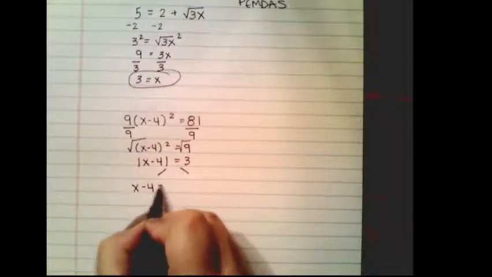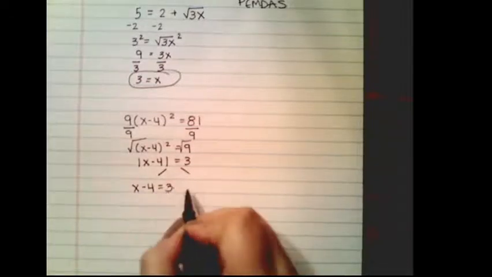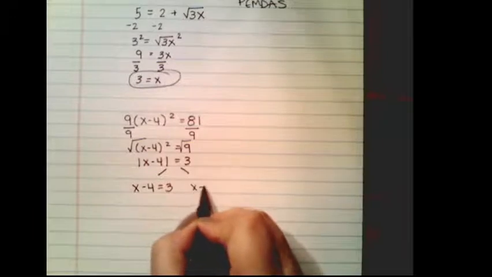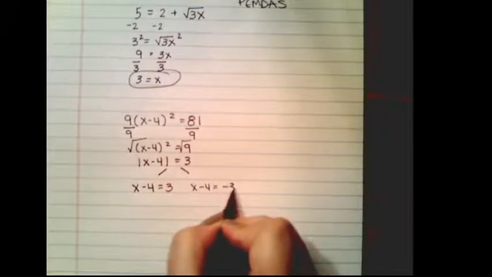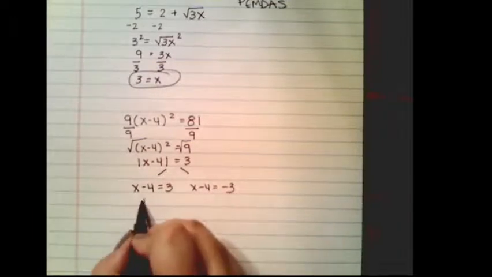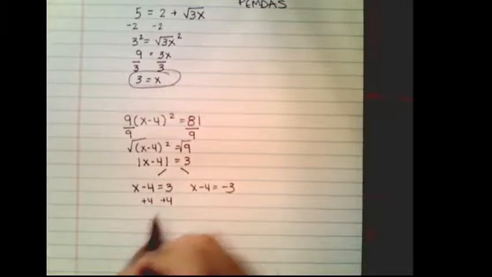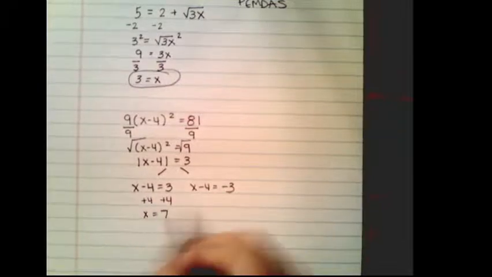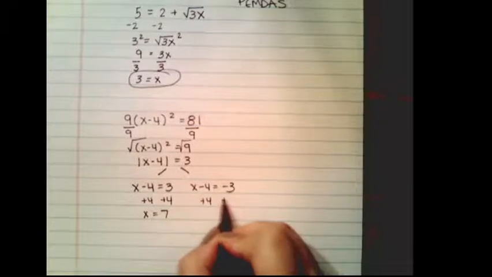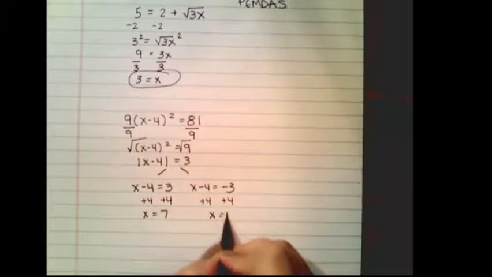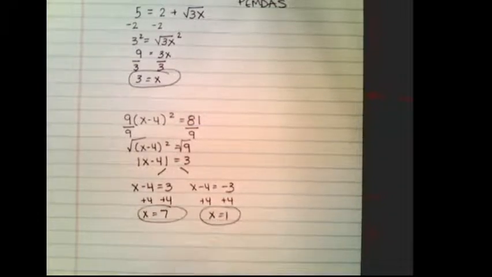X minus 4 equals positive 3, and x minus 4 equals negative 3. Solve them both for x. There's our two solutions. So now I want to go over one last question with you guys.